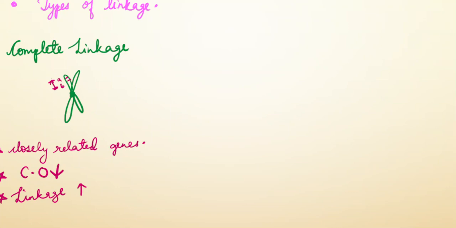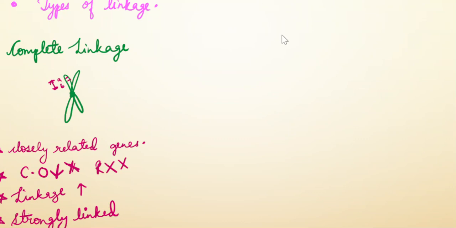They are very strongly linked, so there will be lesser possibility to no possibility of crossing over. If crossing over is not there, then there will be no recombination. This is about complete linkage. One example is the X chromosome of Drosophila male.